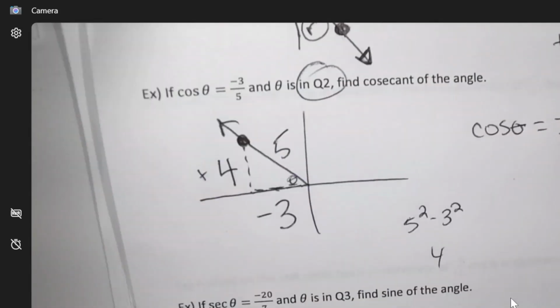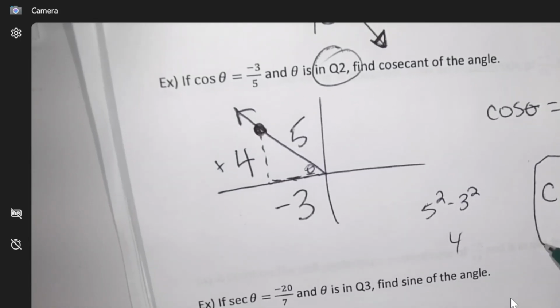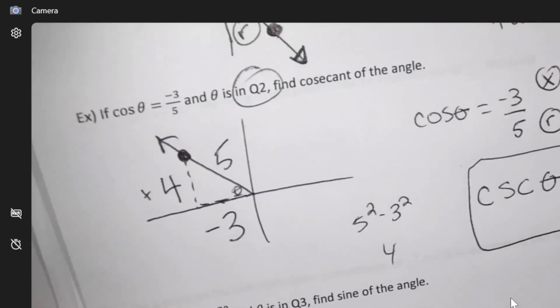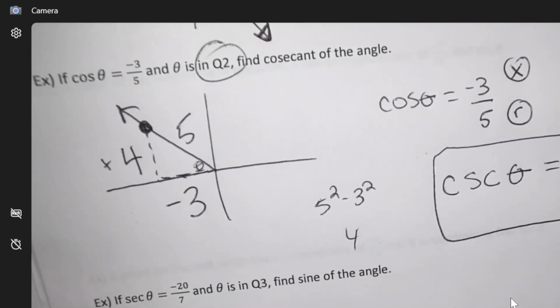Okay, so here we go. Here's my answer. The cosecant of this theta is what fraction? And you're picking, what is it the opposite of? Which function is it the opposite of?